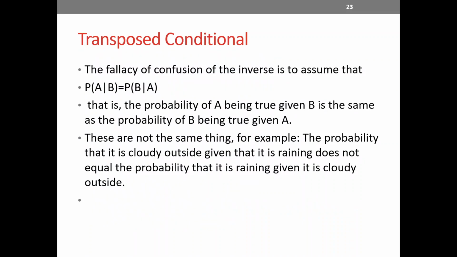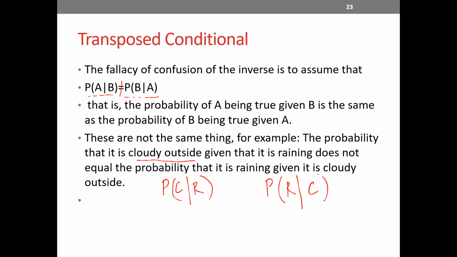And another issue that comes up while we are framing our solutions is the transposed conditional. Understand that the probability of A given B is not equal to the probability of B given A. That's a big confusion, right? For example, the probability that it is cloudy outside given that it's raining, and the probability that it's raining given cloudy are not the same thing.